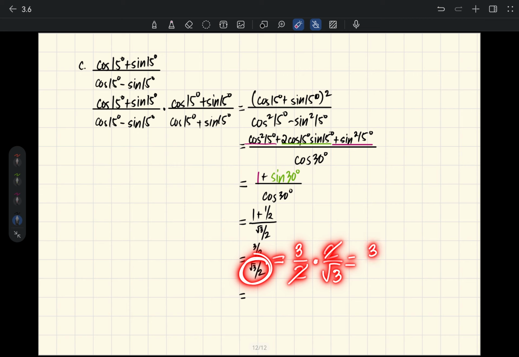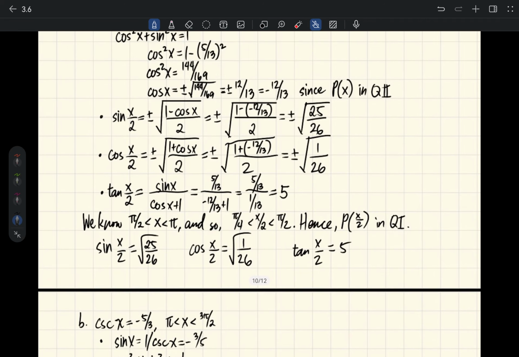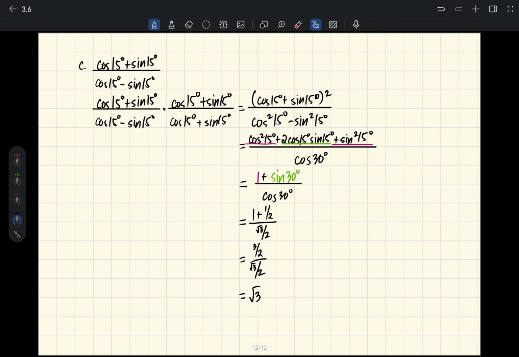Then we get here 3 over square root of 3. But take note, 3 is just the square of square root of 3. Then dividing by square root of 3, we get right here square root of 3. So we have here square root of 3. I hope this one is clear.